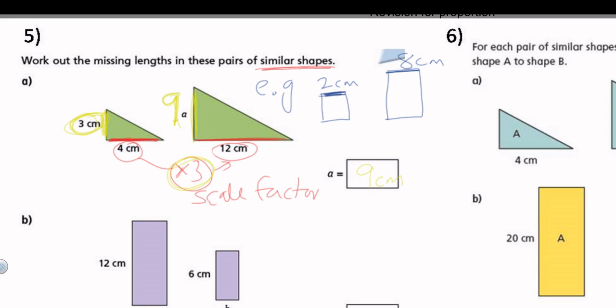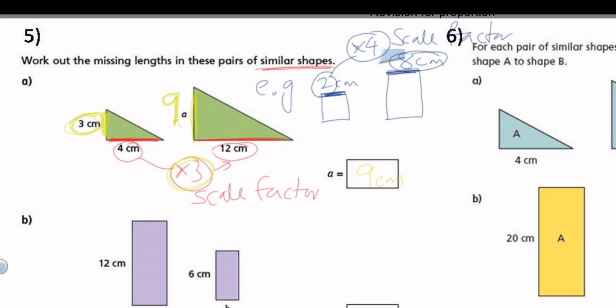So you can compare the top with the top there. 2 times something to give me 8. 2, 4, 6, 8. That's times by 4. So that's the scale factor. The scale factor is 4.